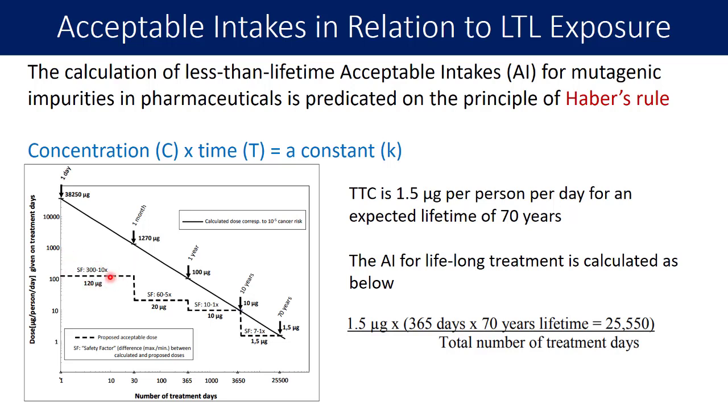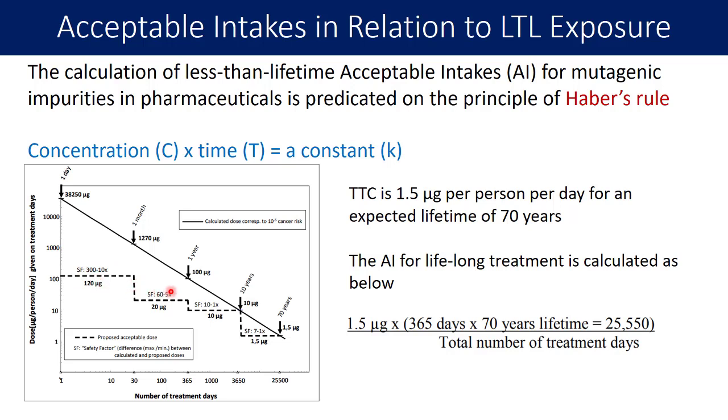300 to 10x. That means to calculate the acceptable intake with less than 1 month of drug product exposure, you will not get 1270 micrograms as the acceptable intake, but you will find 120 micrograms.